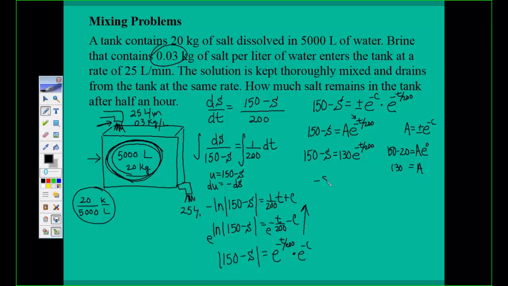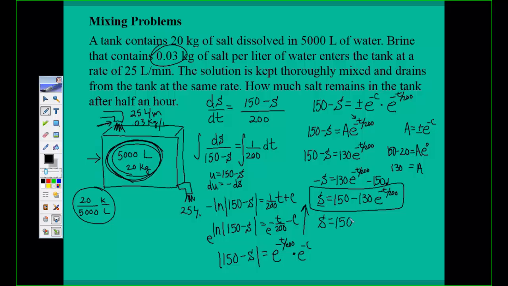And solving for S now, I'm going to rearrange because this would become a positive: S equals 150 minus 130 e to the negative t all over 200. There's the solution to our differential equation. That gives us the amount of salt at time t. We want to know the amount of salt.